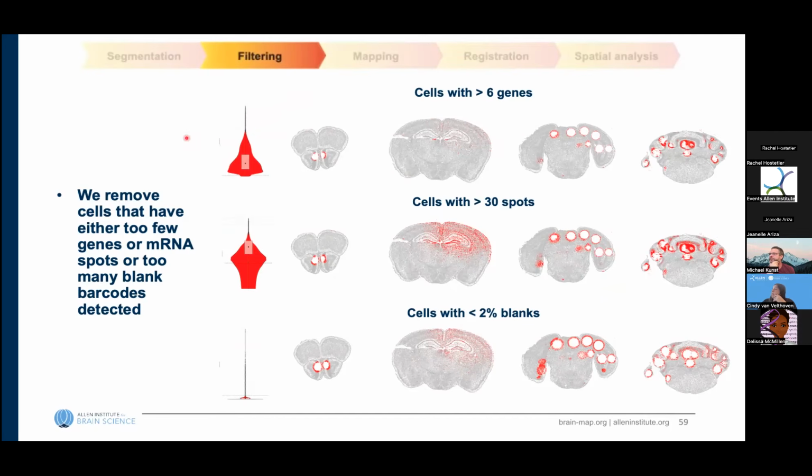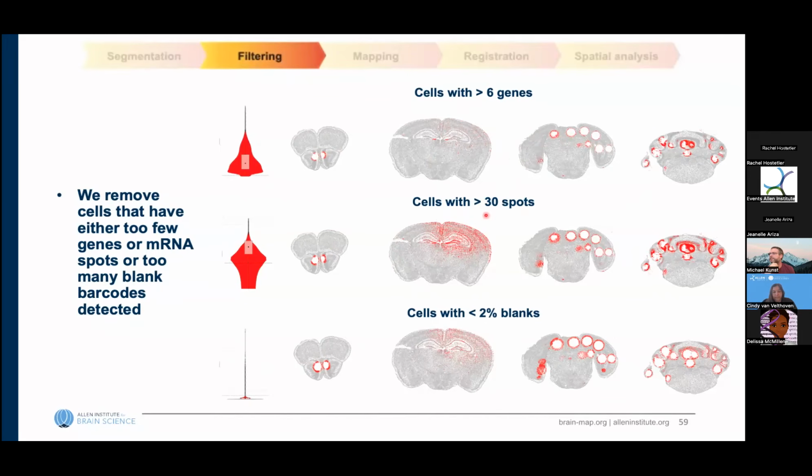We again looked at the number of genes detected per cell, the number of mRNA spots detected per cell, and then also blanks, which I come to in a minute. We found that if we filter out cells that have fewer than 6 genes detected, these strongly correlate with the regions where we know there's, for example, gel lifting, or some other problems where the detection of genes is a little bit reduced.